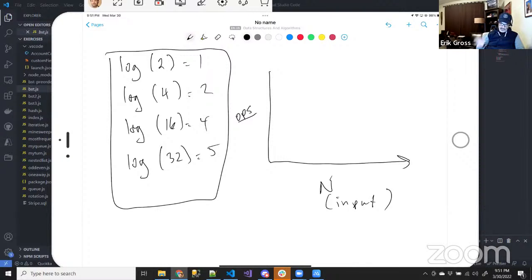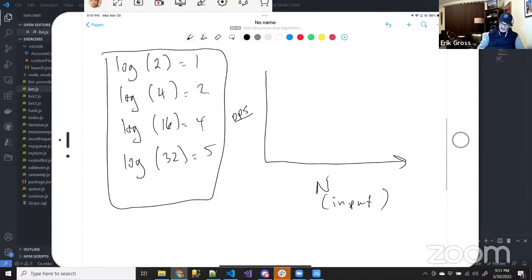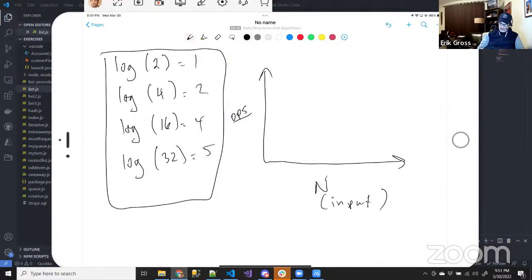So if you've got some sort of algorithm and we look at the number of operations getting bigger, what's interesting is as n gets really large, we can see here, what if n were like 1,000,000? That's a really horrible n.